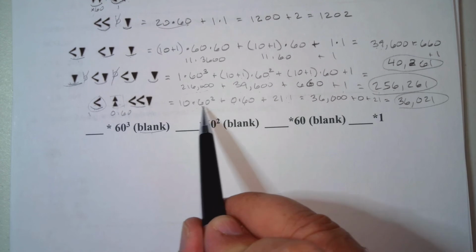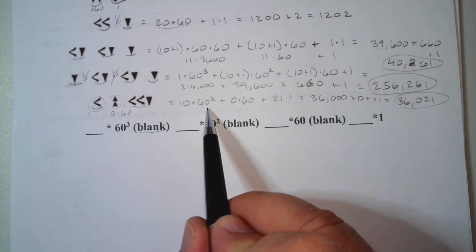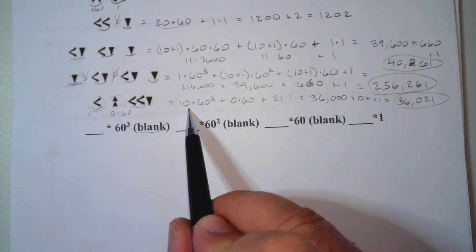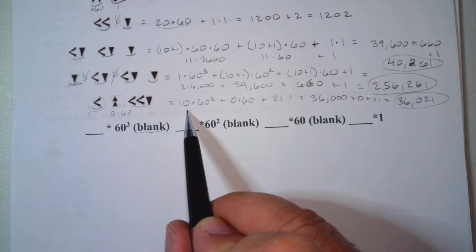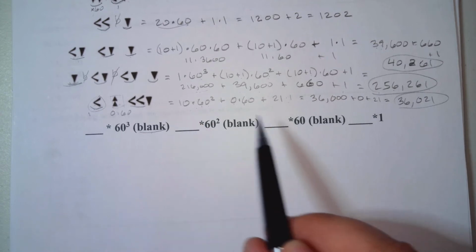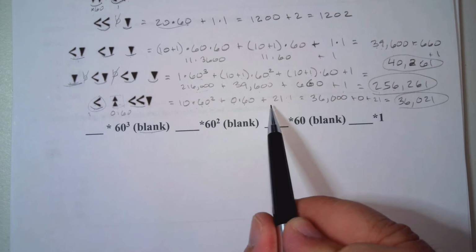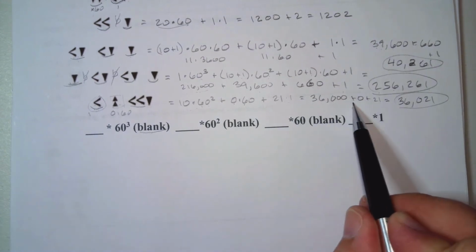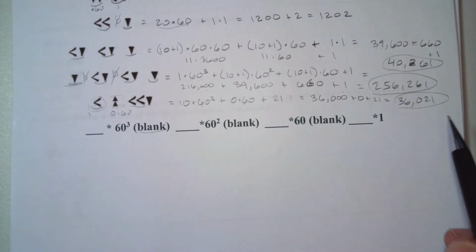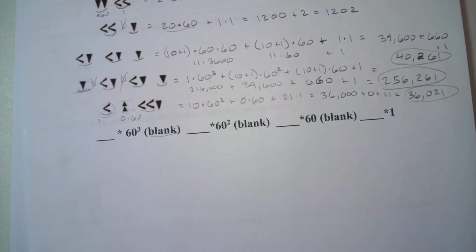So 60 times 60 is 3,600, times 10 is 36,000. Plus 0 plus 21, so it's 36,021. So that's how it went with the Babylonians.